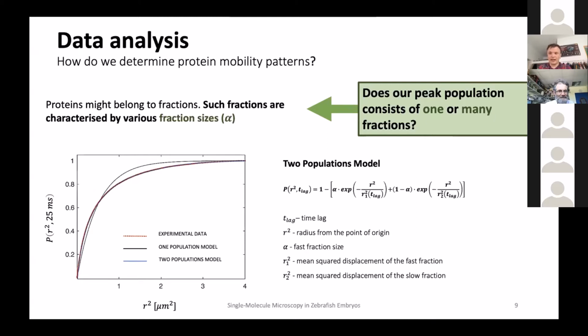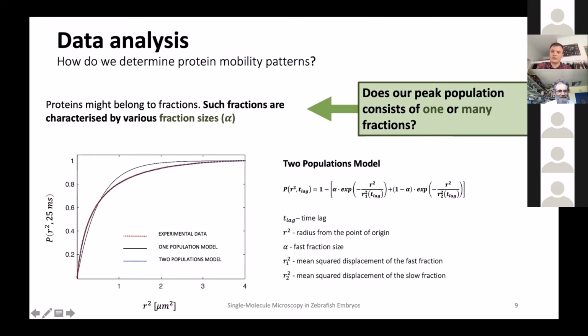When we plot this cumulative probability, so basically the probability of finding the molecule in the next frame, we can fit the mathematical model of a one population, two population, or more population model. As you see in this graph, the one population model, in red, doesn't really fit well our data, but instead we fit the two population model. I just want to mention that in the equation you have elements such as alpha and the mean square displacement of the fast and slow fraction.